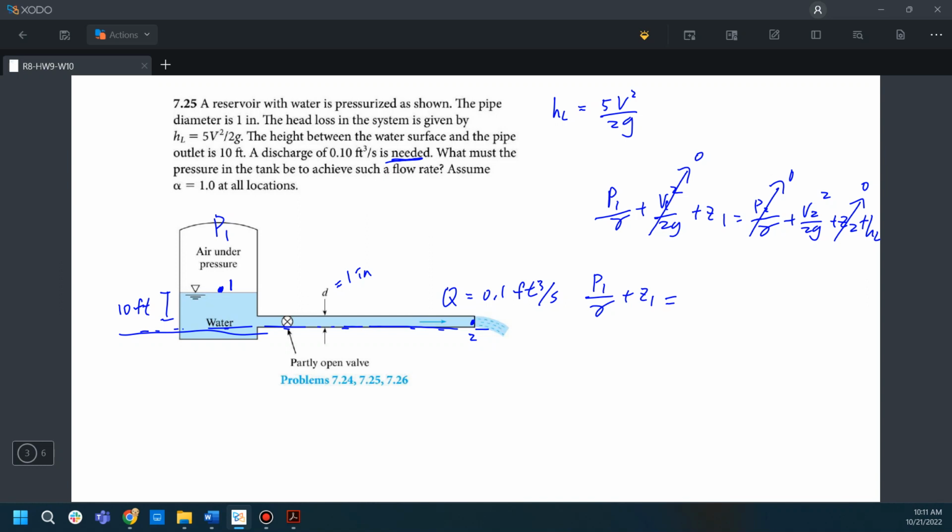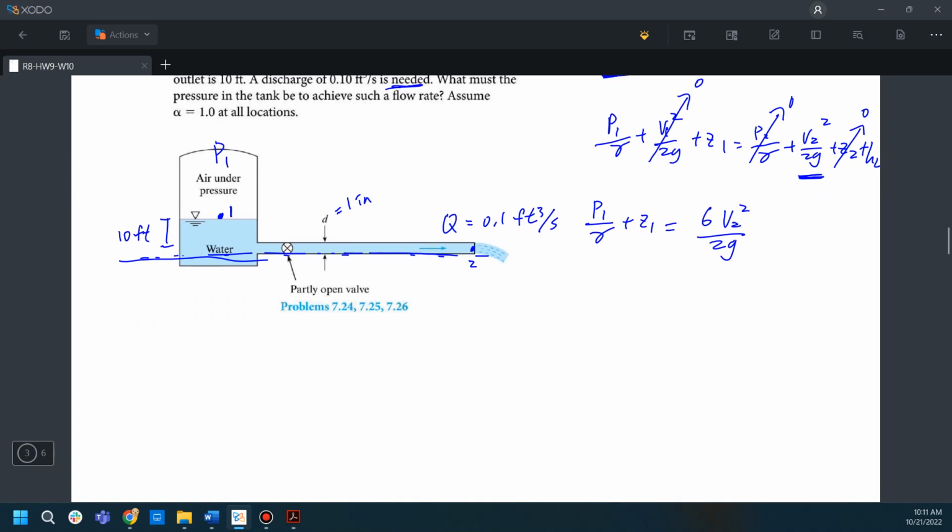If we combine this head loss with the kinetic energy term, which is the velocity term here, then we can rewrite it to be 6 V2 squared divided by 2g. Okay, now we can start to plug in the numbers.